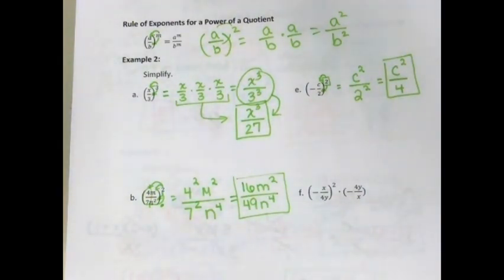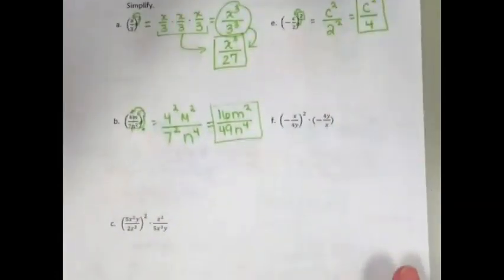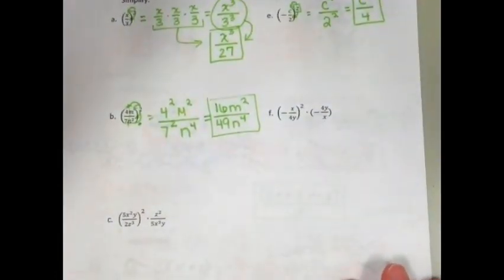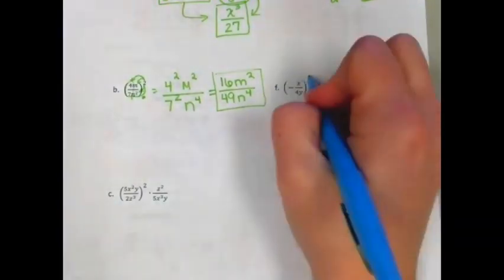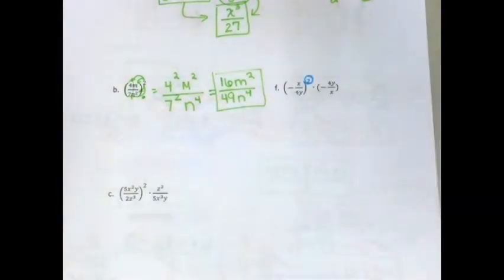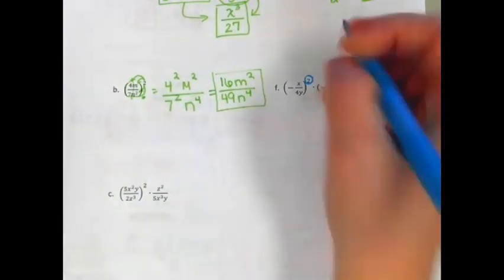All right, let's look at F. Negative x over 4y squared times negative 4y over x, okay? So again, this is an even exponent. So will this fraction end up being a positive or a negative? A positive, right? So now let's do our shortcut.